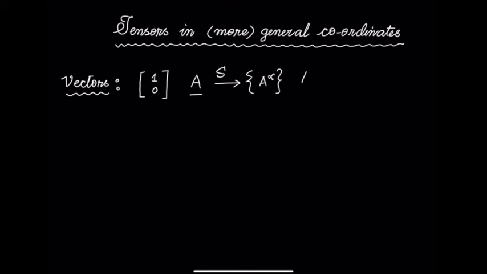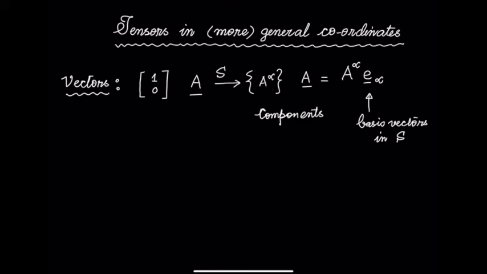We also said that once I have chosen a coordinate system and basis for the coordinate system, I can write it in terms of the components along this basis in the following way. Let me remind you that these are the basis vectors in the reference frame, the coordinate system S, and these are the components in the same coordinate system, of course.